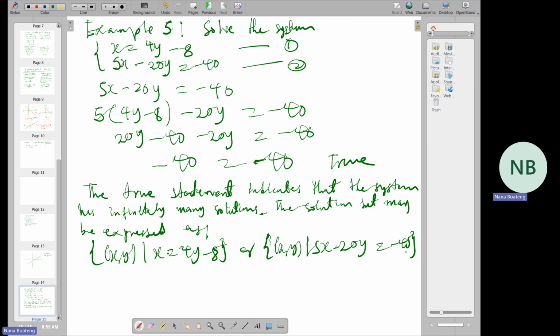So it means that the two equations represent the same line. Whenever we have infinitely many solutions, the two equations represent the same line.